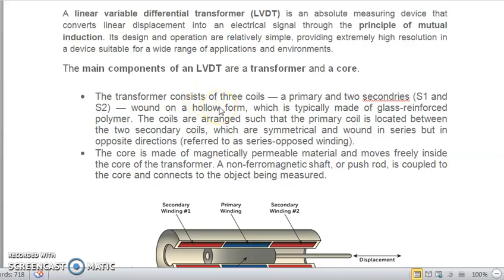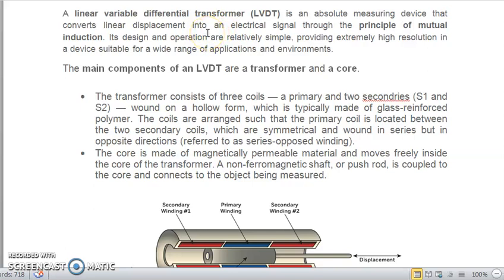Hello students. Today's lecture topic is the linear variable differential transformer. What is a linear variable differential transformer? It is a type of transducer.